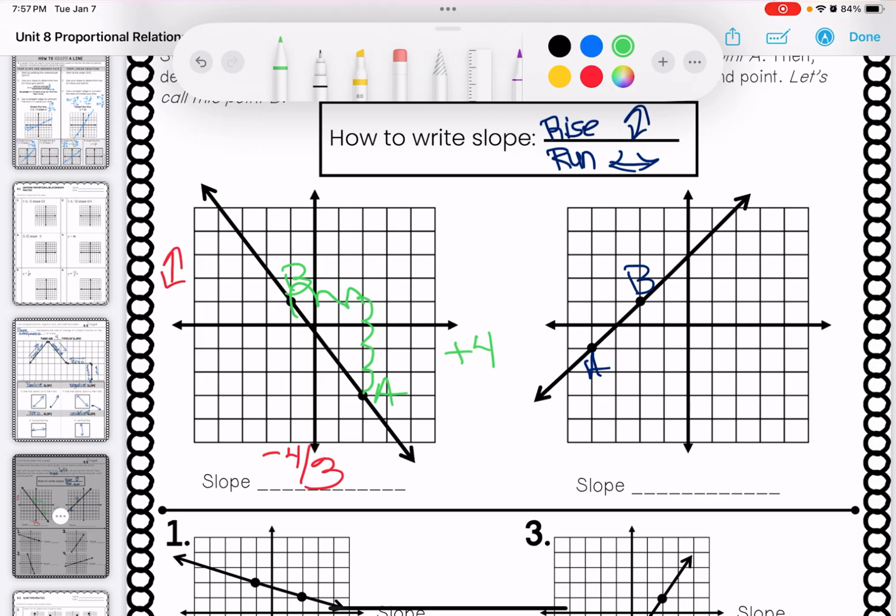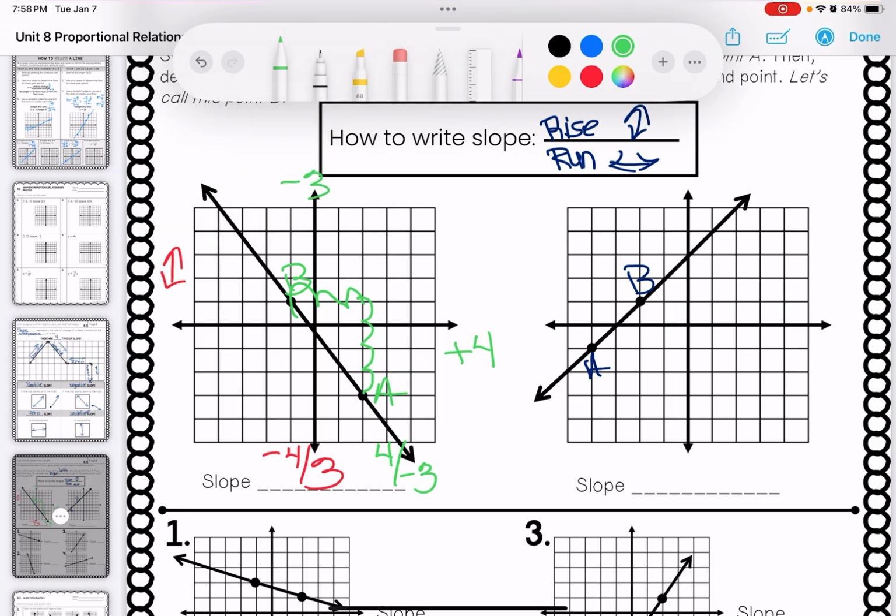And in this case, I went a -3. So a +4, -3. My slope is still negative. So it doesn't matter which point you start off at. Just go ahead and count your rise, which is up and down, and your run, which is left and right.